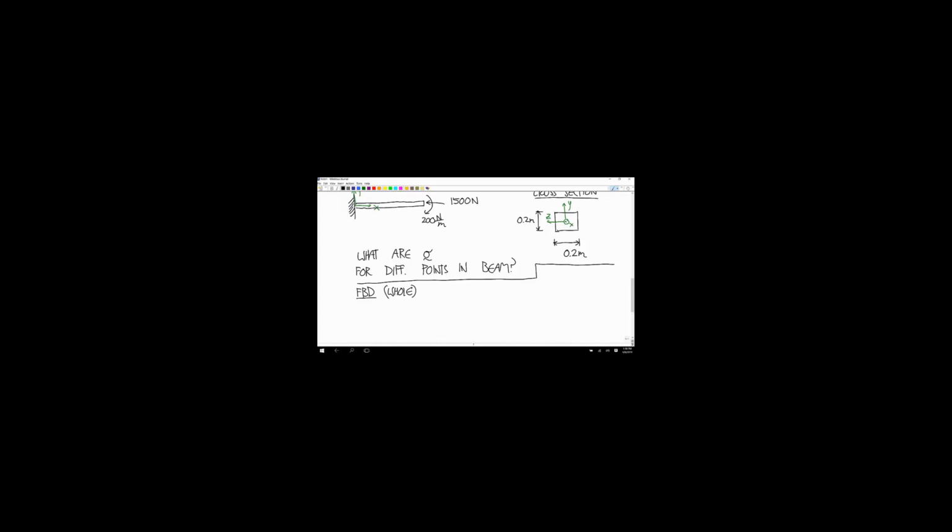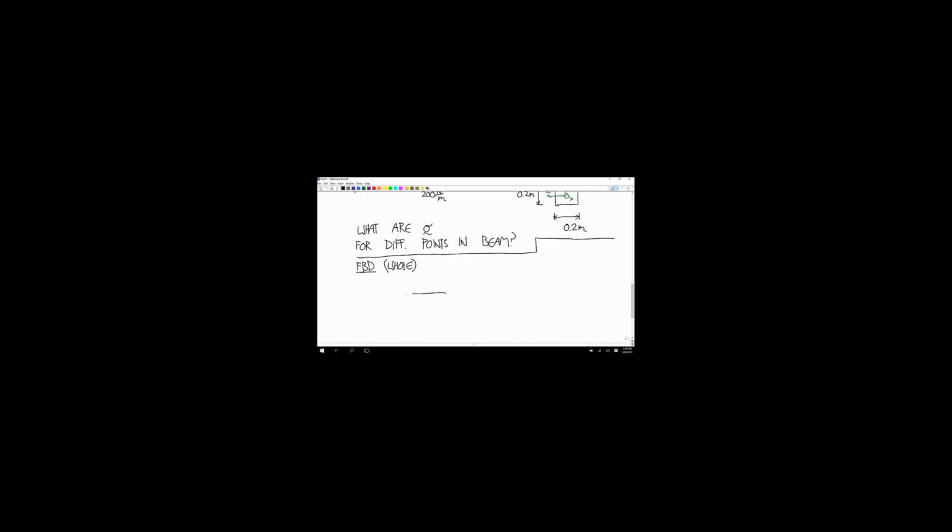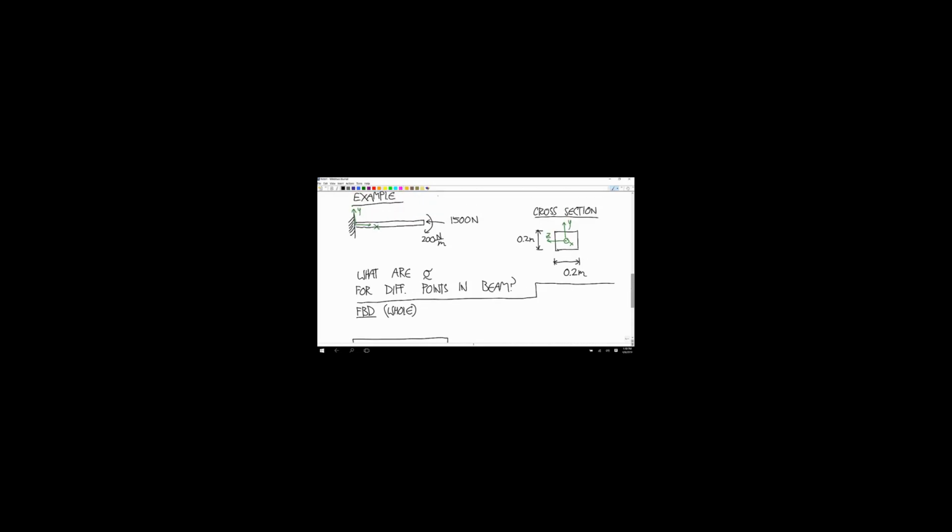We can't do problems with beam weight included yet because that produces shear forces. Oh, and let's just make sure, does this beam meet all the requirements that we need to calculate the stresses due to bending? It's straight, it's prismatic, and it's symmetric about the y-axis, so this is good.